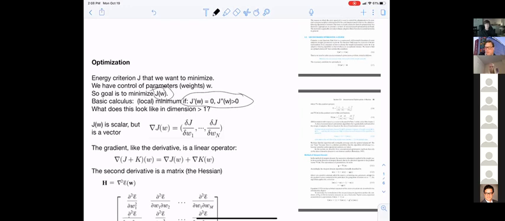Most of you have seen multivariate calculus, so this hopefully is just a review, but there's some terminology. Recognizing that in this case J is a scalar, the gradient of J is a vector. The reason it's a vector is because even though J is a scalar, you have to take its derivative with respect to each component of the input, of the weights.